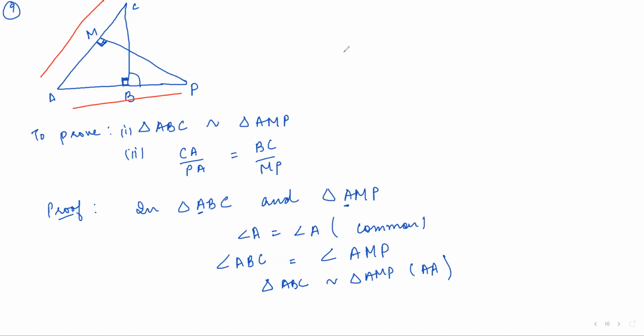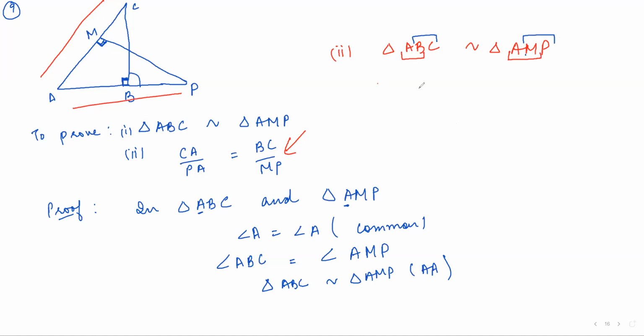Or you can see from here also, Sarah, like the second part. Because ABC is similar to triangle AMP, this we have shown. That means this side AB is proportional to AM, right? But here I don't have AB, so just leave AB. You see this one: BC is proportional to MP.